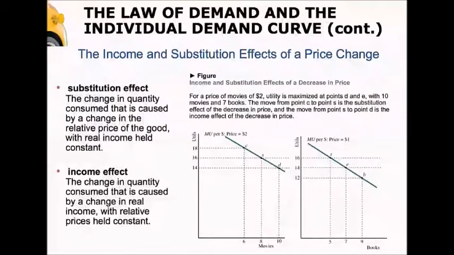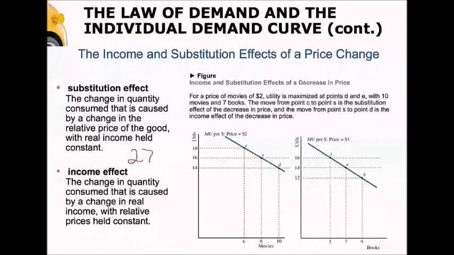Remember, our budget was originally $27. And when our budget was $27, we could afford to buy 6 movies and 9 books. Well, our movies got cheaper by $1 each. So now our $27 is going to go farther. That's the income effect.